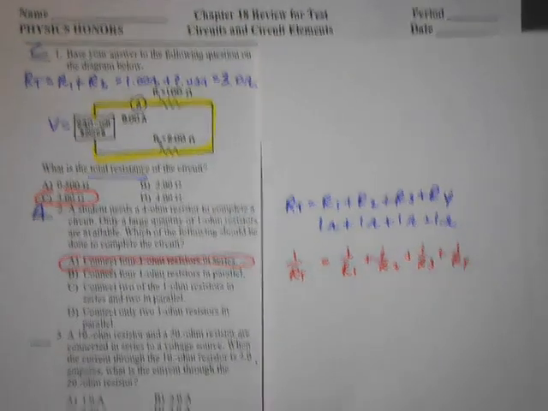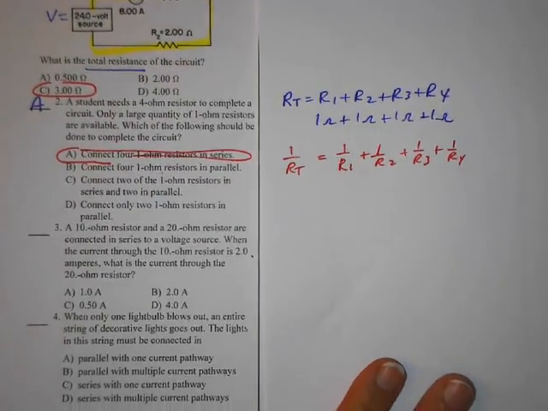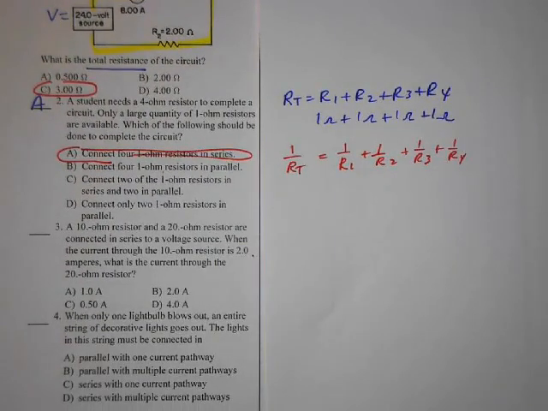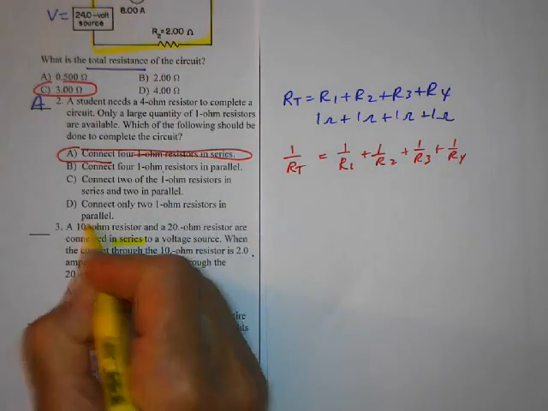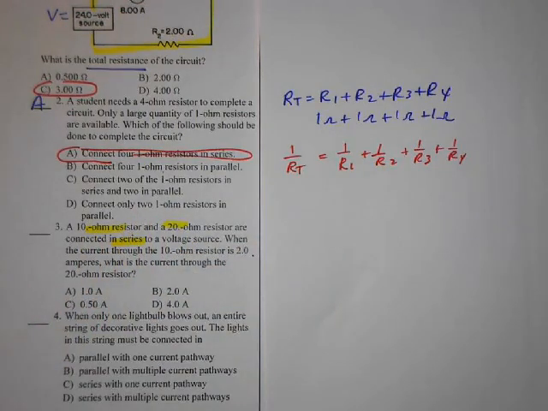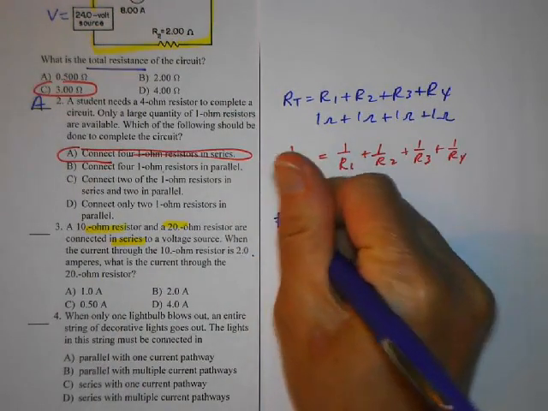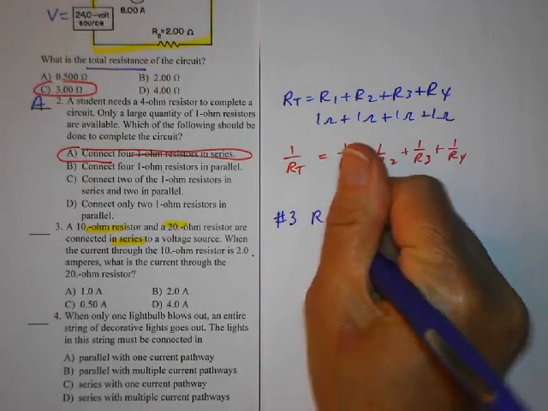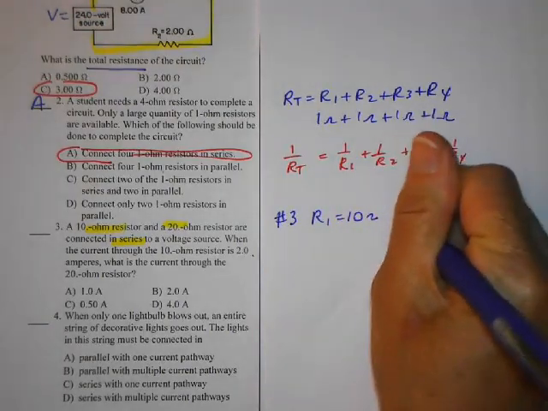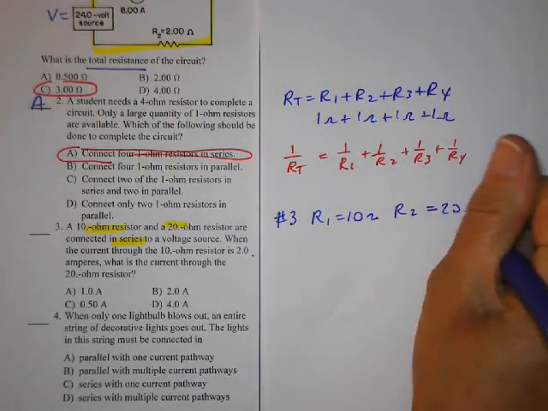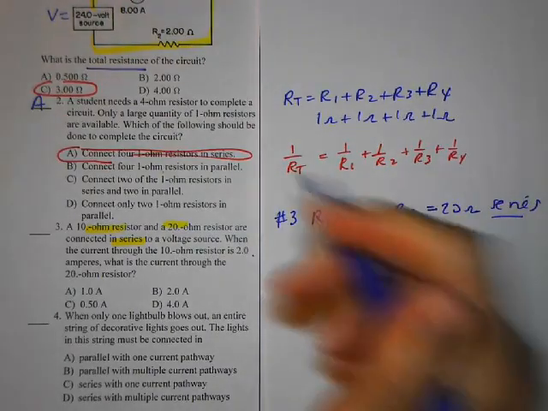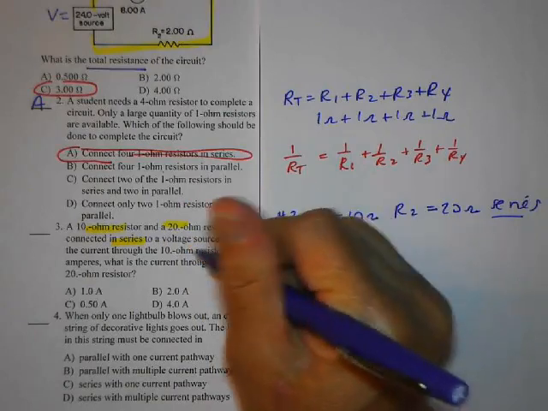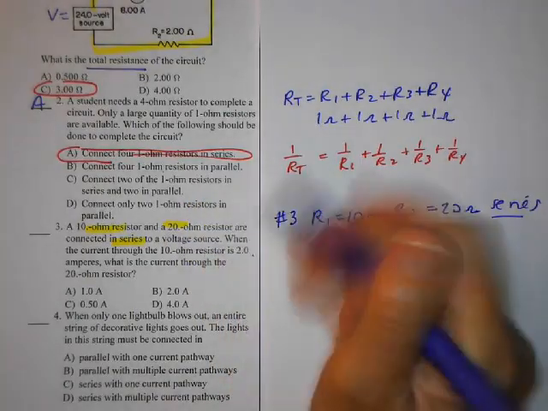All right, number 3. A 3 ohm and 10 ohm resistor are connected in series. So again, the most important thing is, is it series or is it parallel? So for number 3, we're given that R1 is 10 ohms and R2 is 20 ohms, and we know it's in series because they tell us that. They're telling us that going through the 10 ohm resistor is 2 amps.